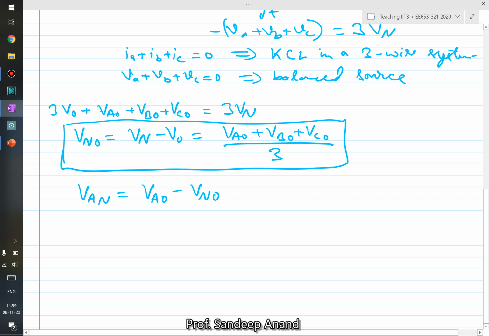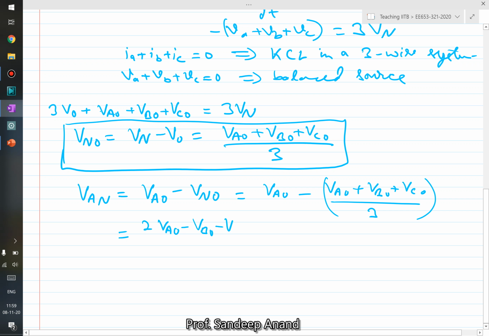If I substitute VNO from this expression, I can write it as VAO minus (VAO plus VBO plus VCO) upon 3, which I can rewrite as (2 times VAO minus VBO minus VCO) upon 3.